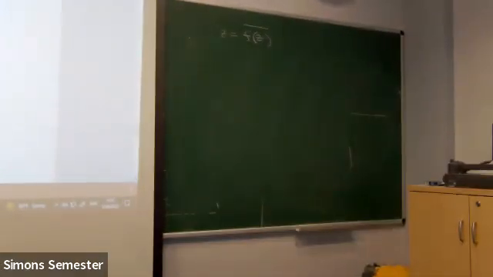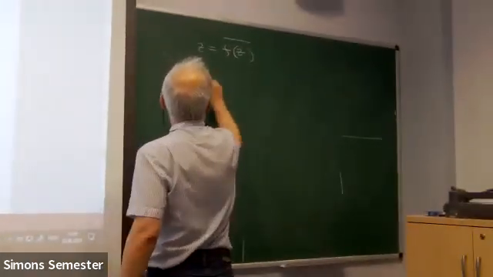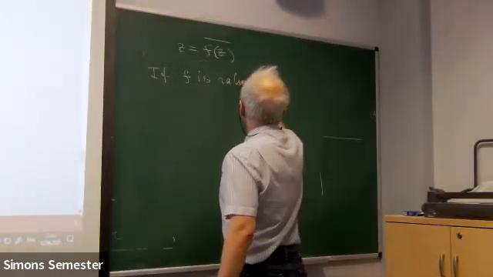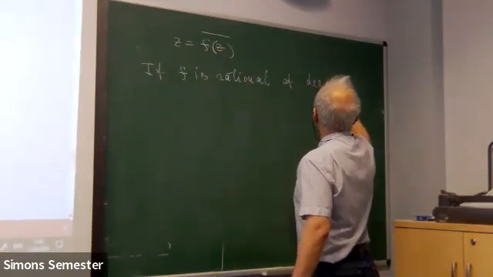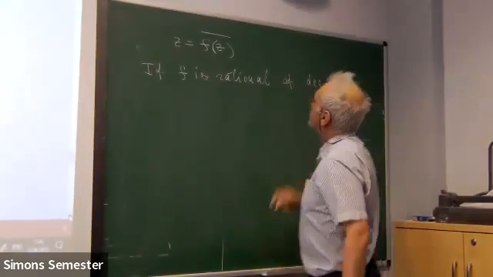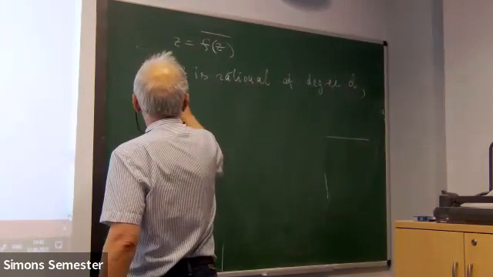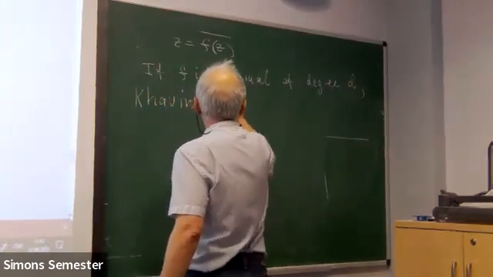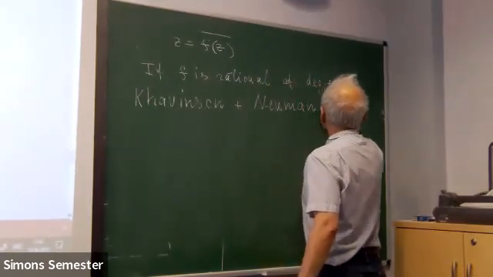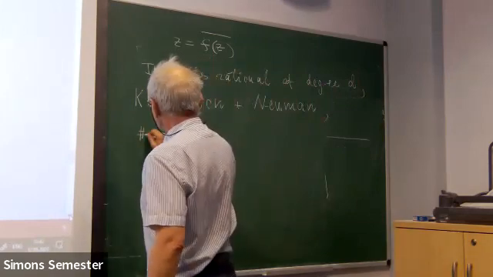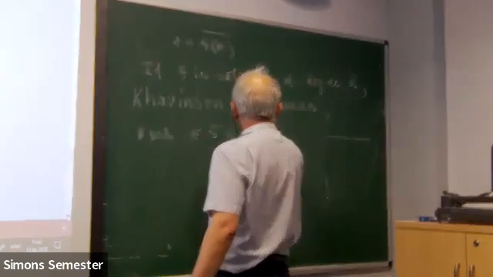So if f is rational of degree d, then it was shown by Khavinson and Neumann that the number of solutions is at most 5d minus 5. And this is best possible.